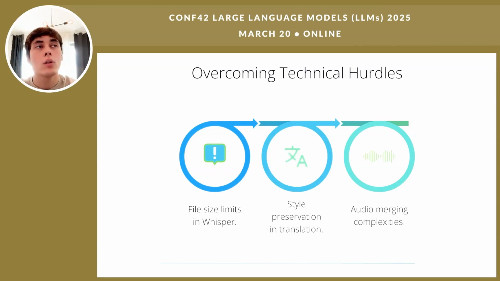Here we rely on OpenAI's models and on our prompts so that we do not just translate the text like Google Translate or any other translation platform, but we also preserve the style, the terminology, and everything else using OpenAI's models. And audio merging complexities: FFmpeg should solve our problems, but it will take some time.